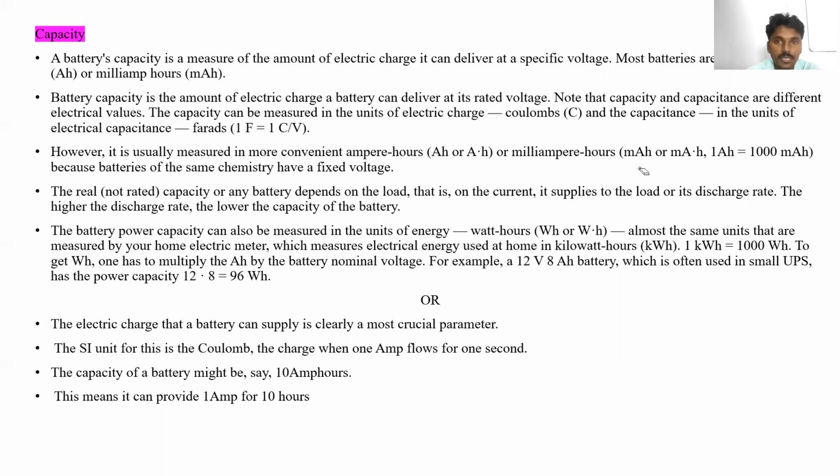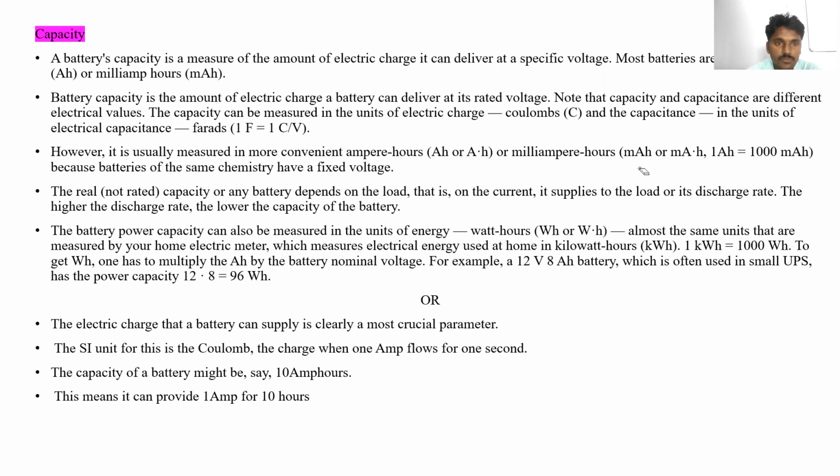Capacity is different and capacitance is different. Please remember, all of you. It is usually measured in the more convenient ampere hours, Ah, or milliampere hours, mAh. 1 ampere hour is equal to 1000 milliampere hours.